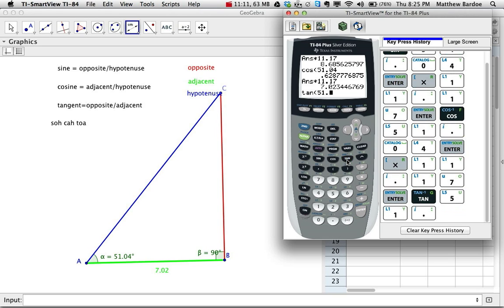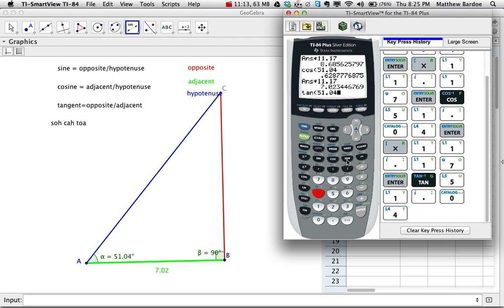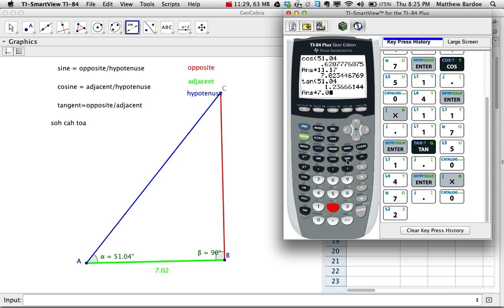Well, that angle. That angle defines the situation. It turns out that the opposite in this case is about 124% of the adjacent, so bigger, the same size and then some more. So I multiply that times the 7.02, and there's my 8.68 again.